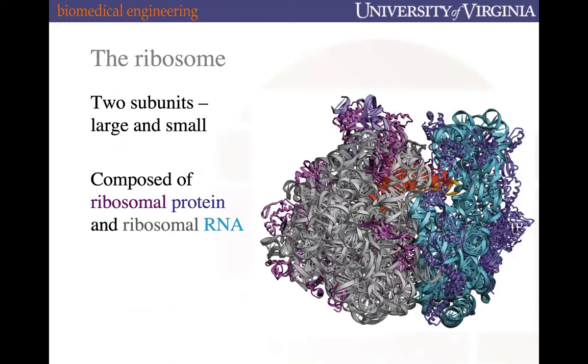So now we're going to pivot and look at what the ribosome is doing. The ribosome consists of, as from our big picture slide, 2 subunits, a large subunit and a small subunit, but it's also comprised of ribosomal RNA and ribosomal protein. The ribosomal protein, as this illustration shows, is largely the magenta in the figure here, whereas the ribosomal RNA is the silver portion.